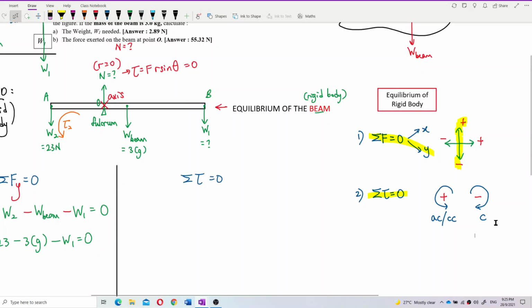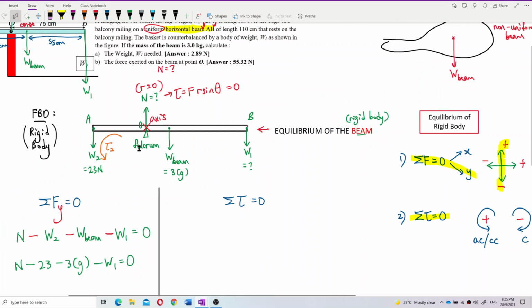But for rotational motion, we don't say rotate to the right or rotate to the left. The rotation only has two directions: clockwise or anti-clockwise. So rotating clockwise we put as negative torque, rotating anti-clockwise we put as positive torque. Understand?